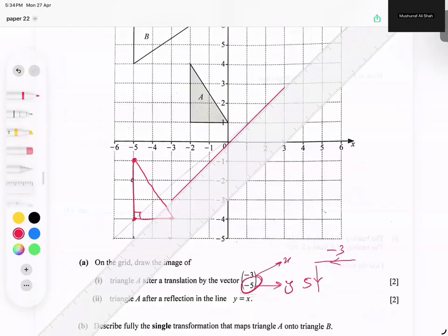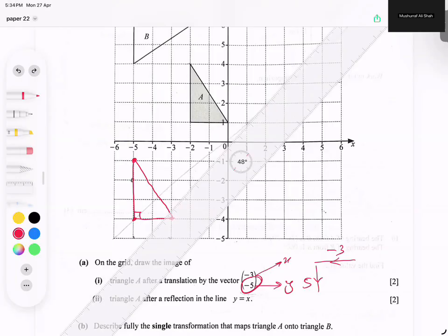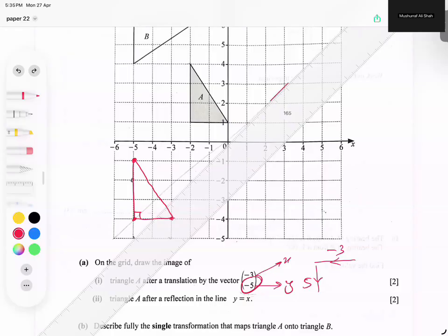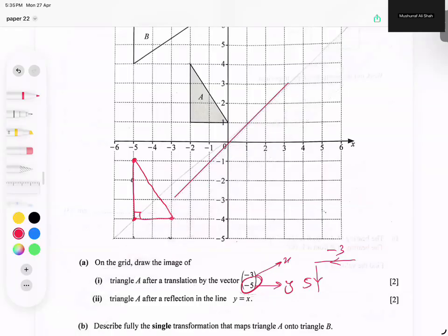I think the line is not accurate. Now it is better. Okay, I'm making this line, and students, no need to make a full line.